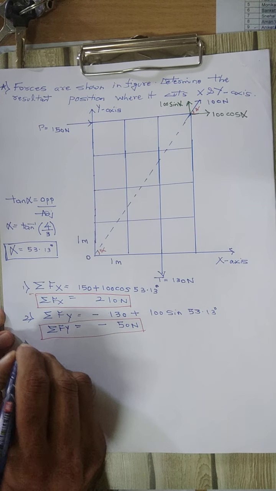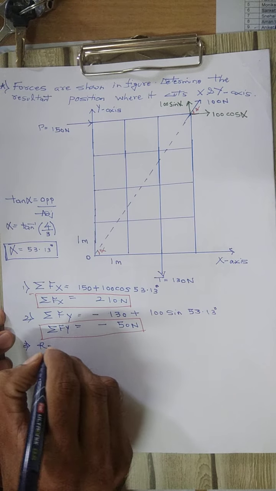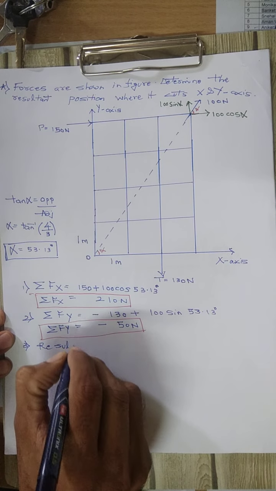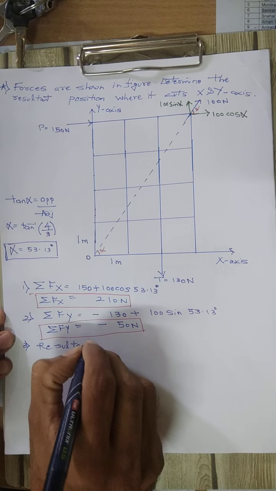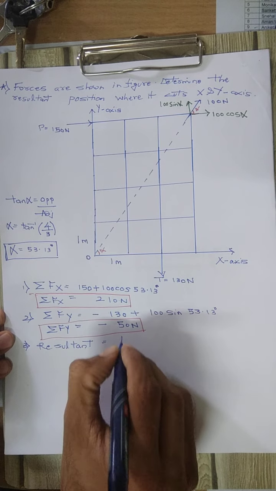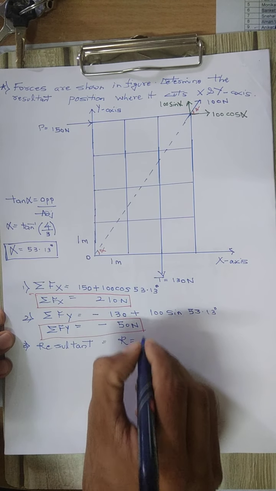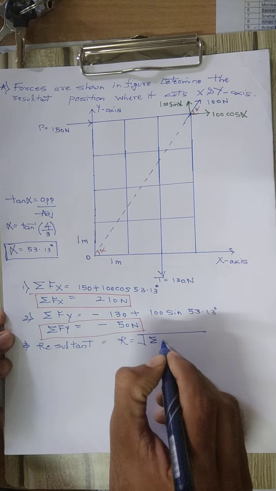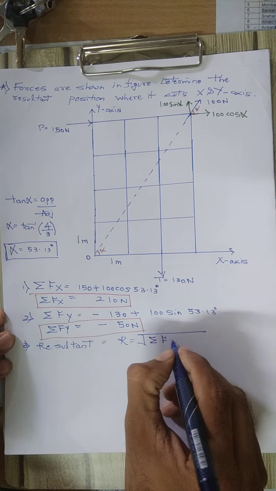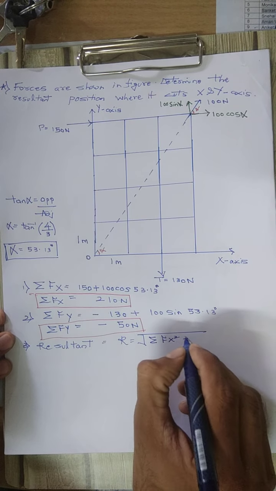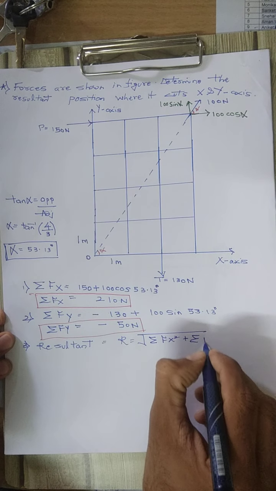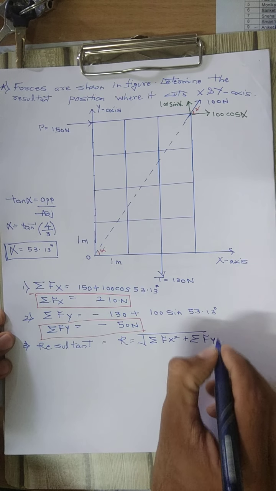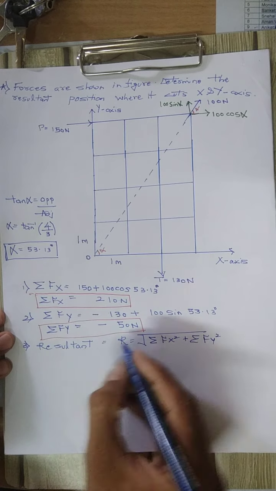Third thing is we will find out the resultant. What is the formula for the resultant? R is equal to the square root of the summation of all x components squared plus the summation of all y components squared.